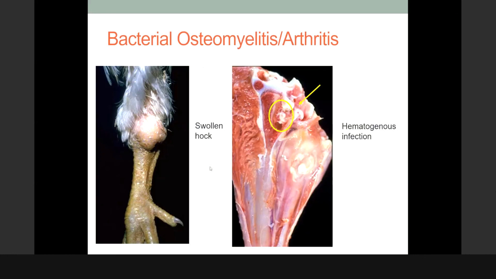So what happens is you have swollen joints, osteomyelitis. You open the bone area. This is arthritis. This is a bone, and if you open the bone area, there's a hematogenous infection. If you see hematogenous infection like this, especially in a processing plant, this is an indicator for total contamination because it's an indicator for septicemia.